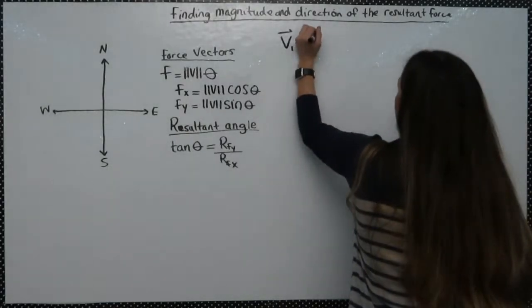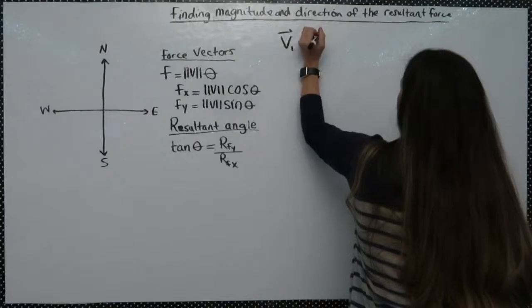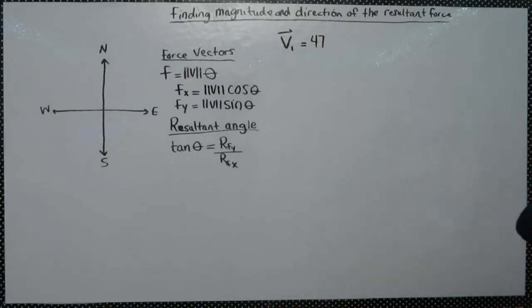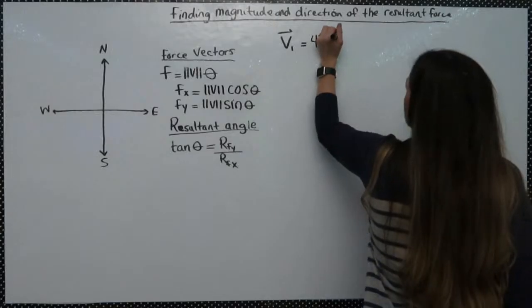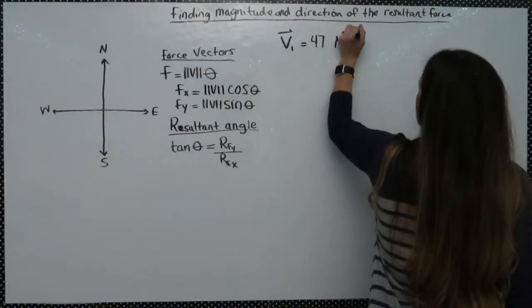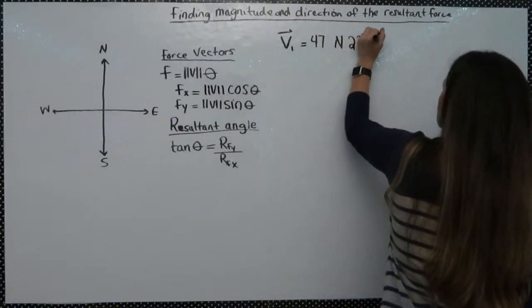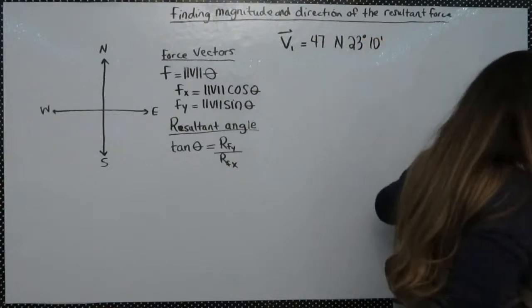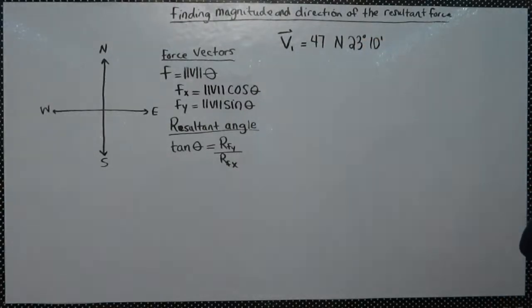So you've got a force, a magnitude of 47 pounds, and north 23 degrees 10 minutes west.